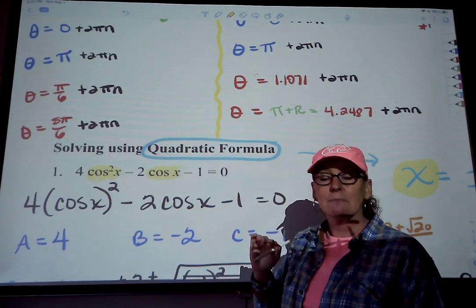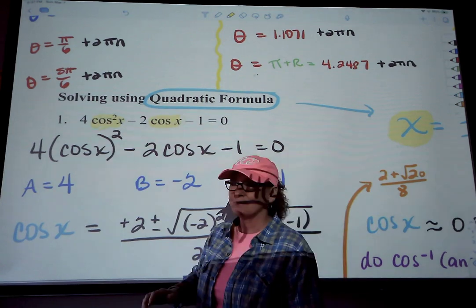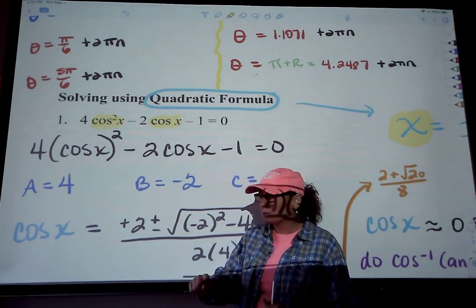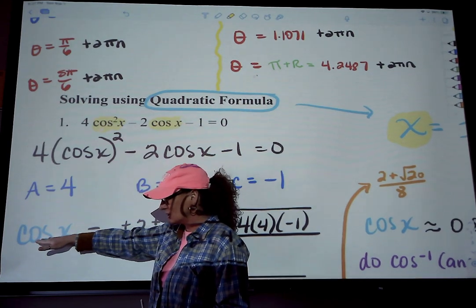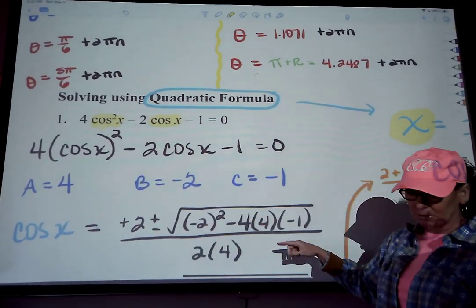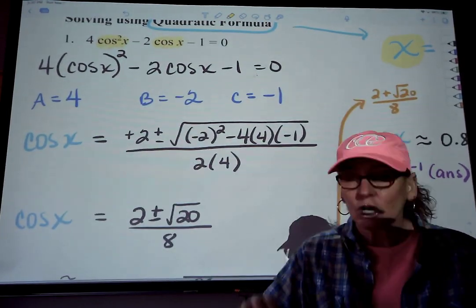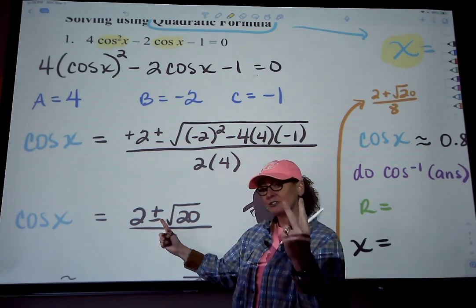Ready? I'm going to write out my quadratic formula. When I do the formula, I'm getting cosine of x. So cosine is equal to opposite of b plus or minus blah, blah, blah. Cosine of x is this. And I get 2 answers out of this.